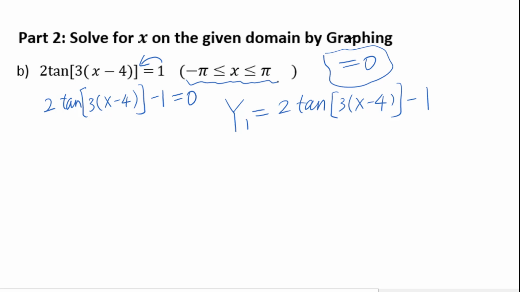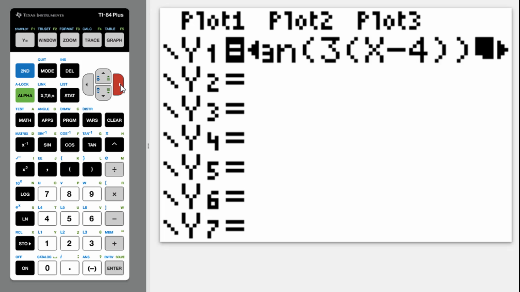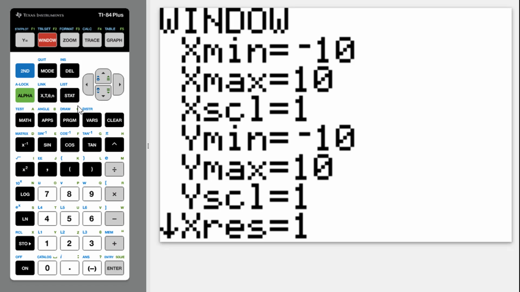This is a domain. It's very useful for us to set up the window of the graphing calculator. So we go to y equals, we put in 2 tangent of 3 times x minus 4, minus 1 into this y1, then go to window. We know the given domain is from negative pi to pi, so x minimum, we will put negative pi.